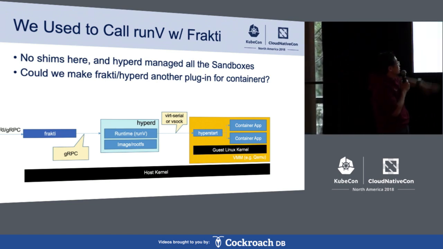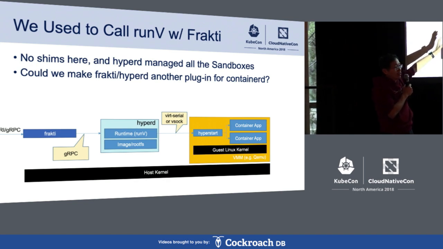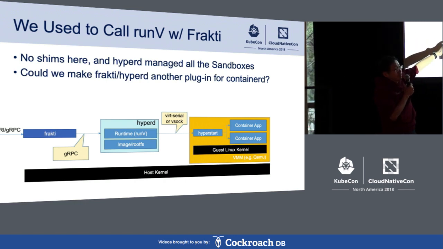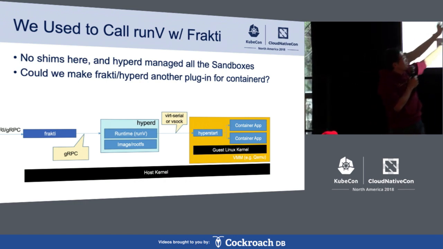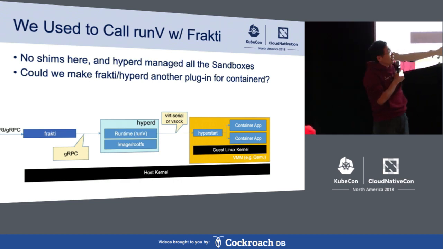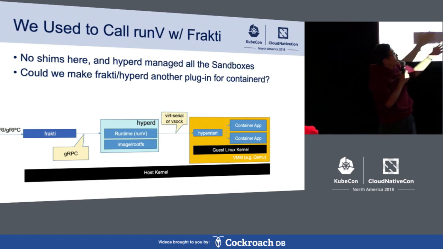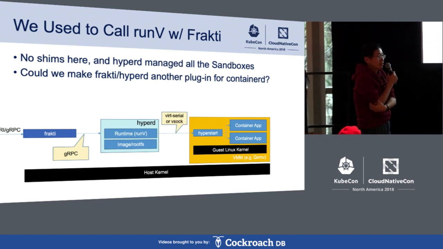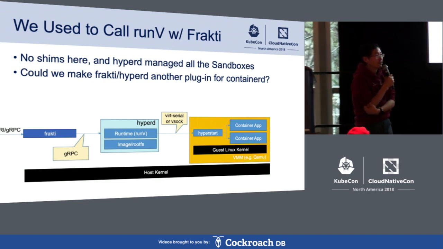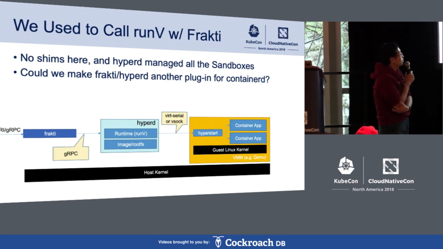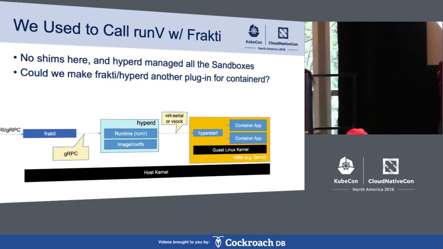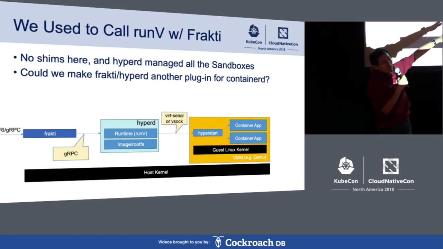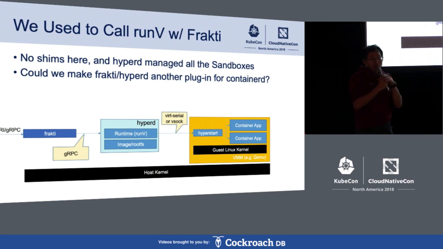In this place, if we use Frakti instead of the containerd shim, we can have only one Frakti and only one hyperD process on the machine, and the others are just one process per sandbox. So no more processes, and that sounds good. The only thing is we can try to make these things a plugin for Kubernetes. Otherwise, that may lack the structure to be more elegant.